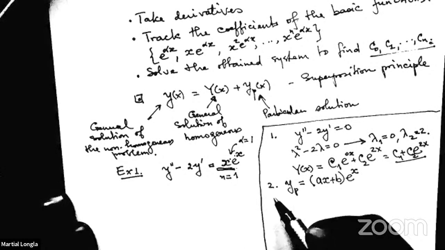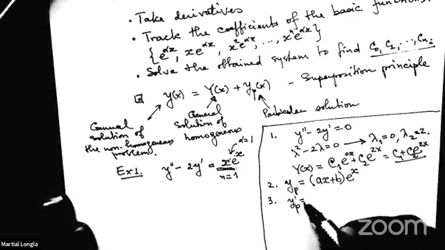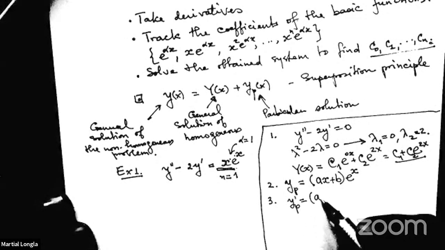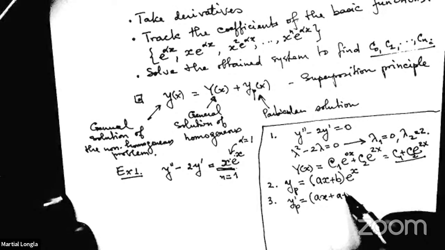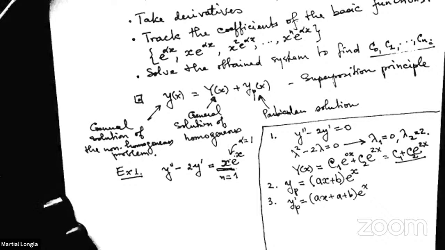And so we're going to take the derivatives, yp prime. The derivative of this is going to be ax plus a plus b, times e to the x. Product rule, you do that. This is what you get.